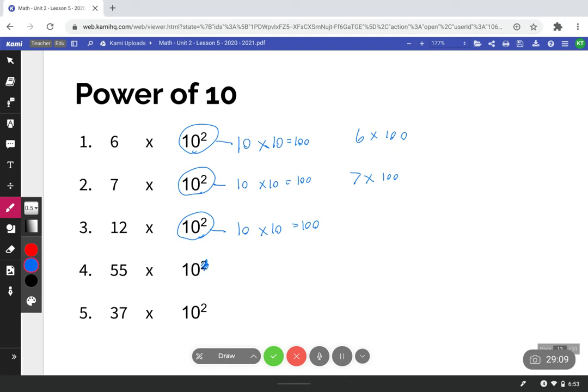Let's pretend this said 10 to the power of 4. That would be 10 times 10 times 10 times 10. And that would equal 10,000. So 55 times 10,000.